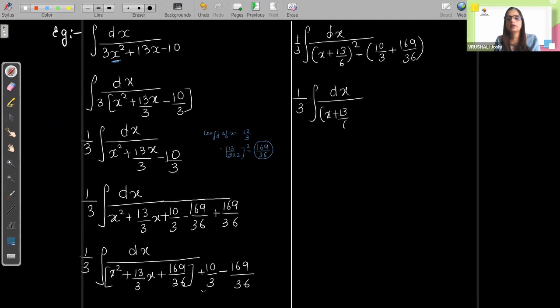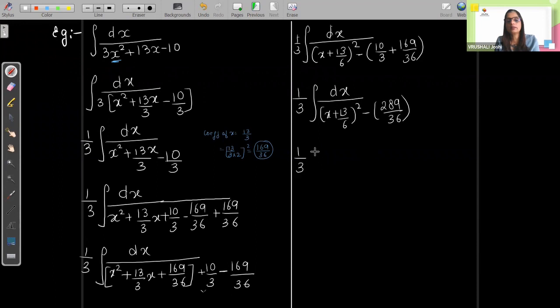So that is why. So this is equal to square minus, अब यहाँ पे 12 आएगा. So this will be 120 plus 169. That's going to be 289 by 36, correct? 289 किसका square है? 289, 17 का square.